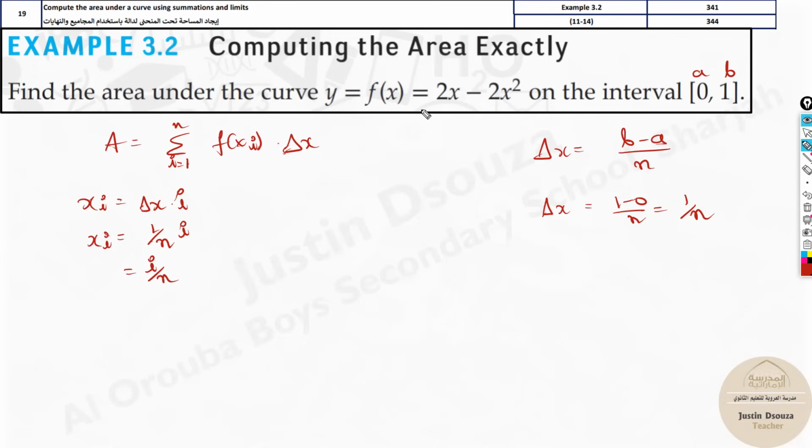Over here, what is the function? This is the function, but let me just write it out over here in the middle. i equals 1 to n. Here, instead of x, what do we write? i by n. So this is being multiplied minus 2 times i by n, the whole squared. And then we can solve it by using the formulas and everything.